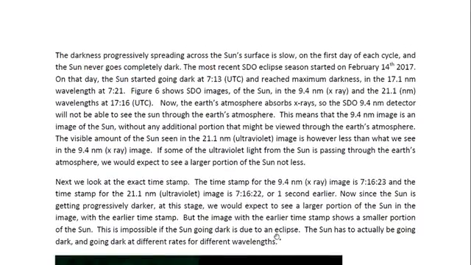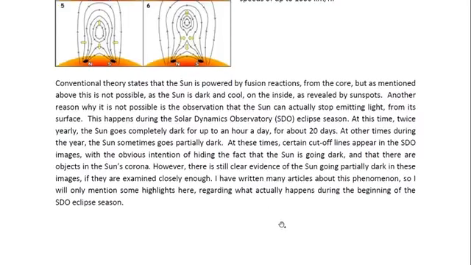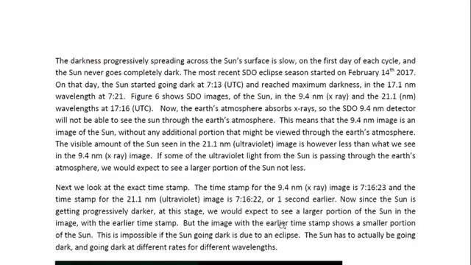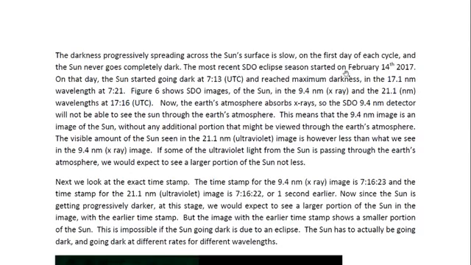So now we're going to look at some images from the beginning of the cycle in 2017. This cycle started on February 14th at 7:13 UTC, and the sun reached maximum darkness in the 17.1 nanometer wavelength at 7:21.